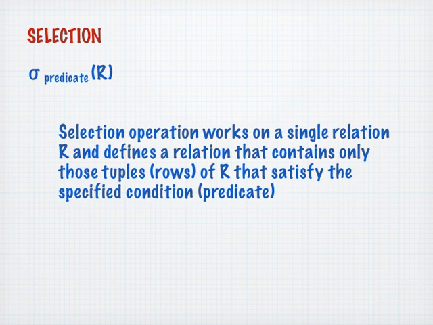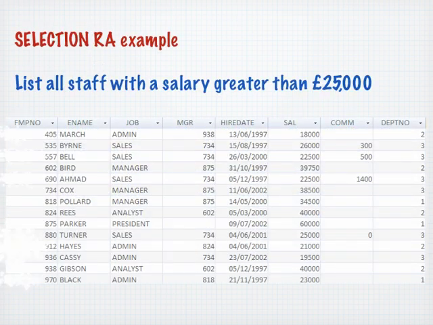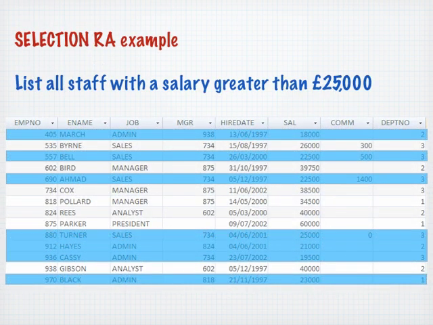It's easier to explain this using an example, so let's plunge right in. This example says list all staff with a salary greater than 25,000. So as you can see, what we're specifically interested in here are those rows where, if you have a look at the salary column, the salary is greater than 25,000.